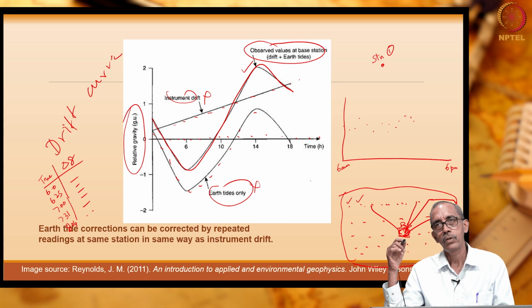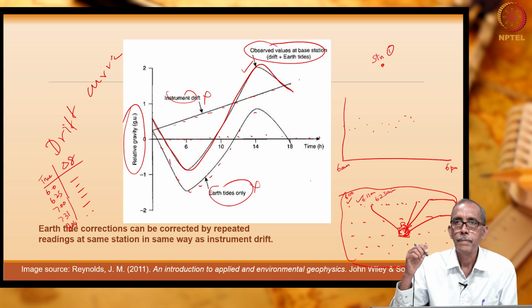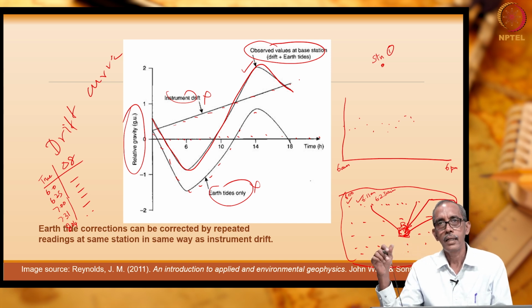Now, how are we going to do the drift correction? Similar to elevation correction or latitude correction, what we have done is, this measurement was taken at 6 am. This measurement would have been taken at 6:11 am. This one maybe would have been at 6:23 am. They are all taken at different times, but using the same gravimeter.